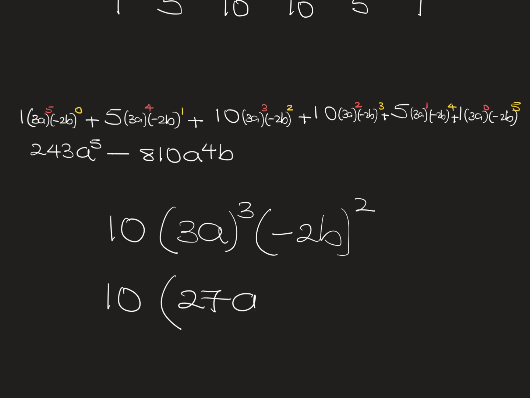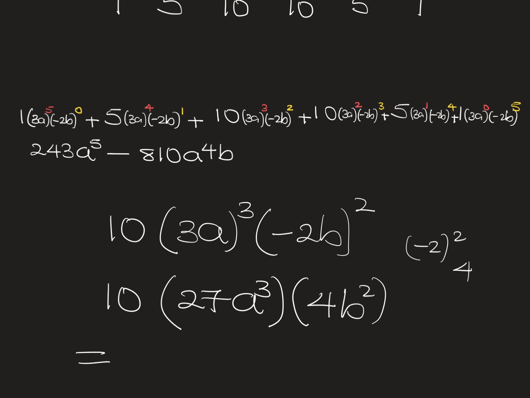A to the power 3 is just a to the power 3 into minus 2 to the power 2 is the same as having minus 2 squared. So that is going to be a positive 4. All right? So which means we're going to have 4, and b to the power 2 is just b to the power 2. So if we multiply this, we'll have 10 times 27 times 4.